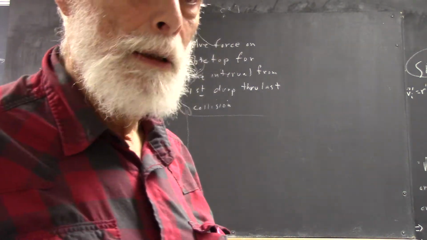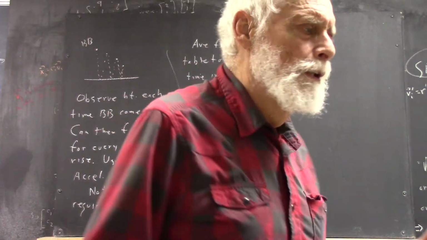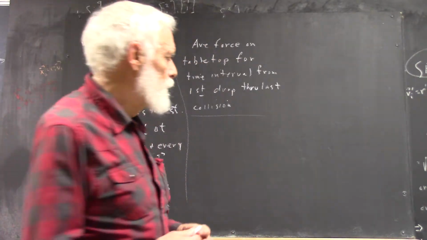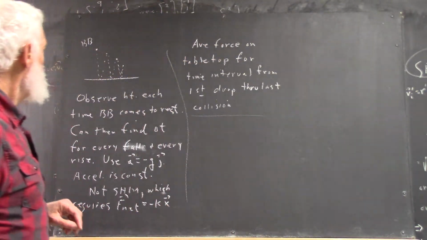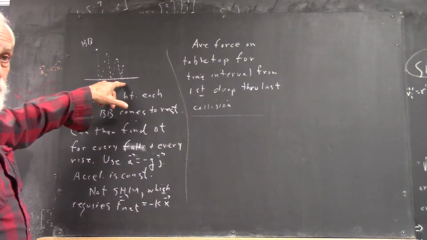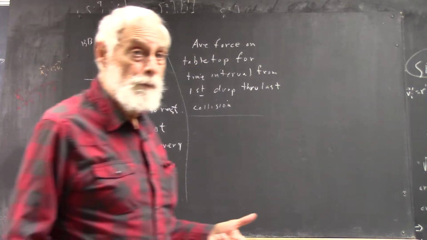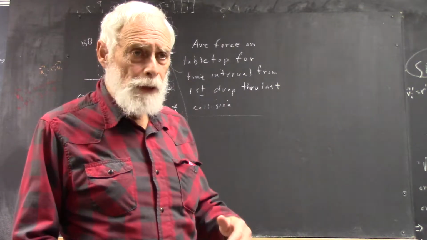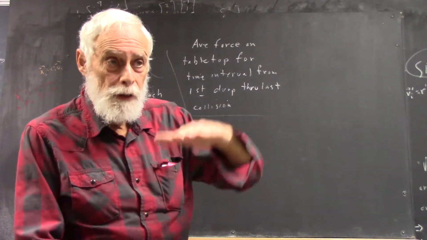Well, it took us a while because people say, oh, use energy. Well, let's think about it. The thing is in contact for a very short time with the tabletop, right? And it bounces because it compresses and then decompresses, right?